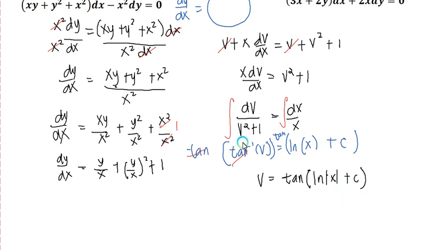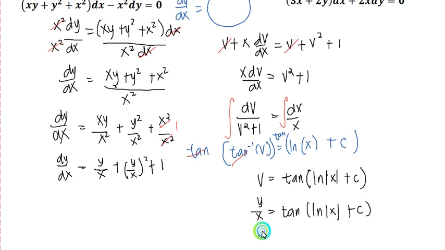Take note, kinanglan to na lang i-convert or i-back substitute ang aton nga y all over x. So we will have y all over x is equal to tangent ln, absolute value of x plus c.